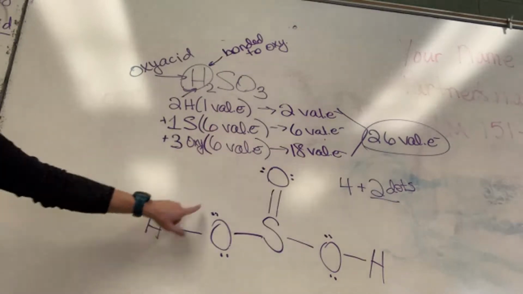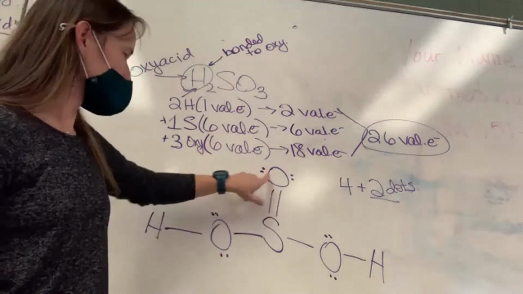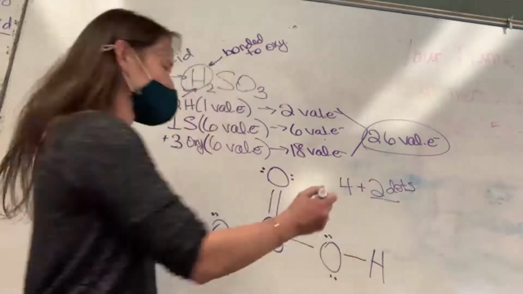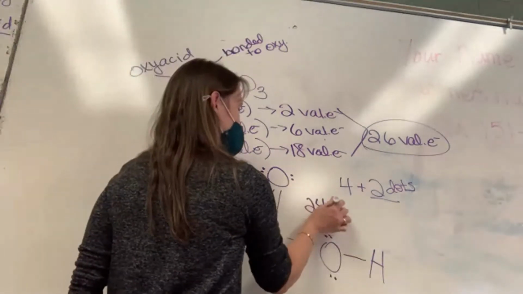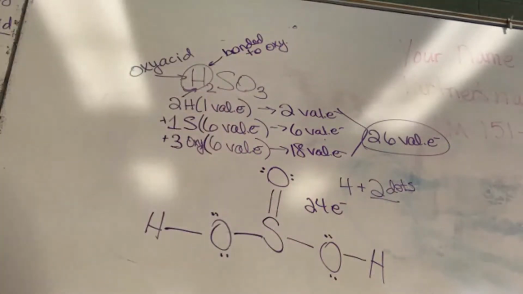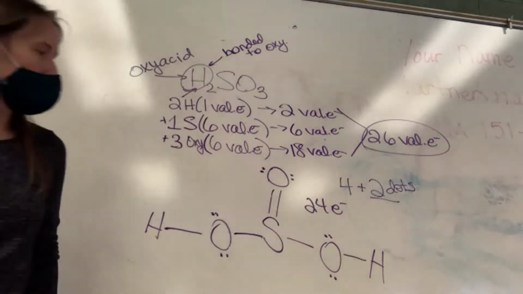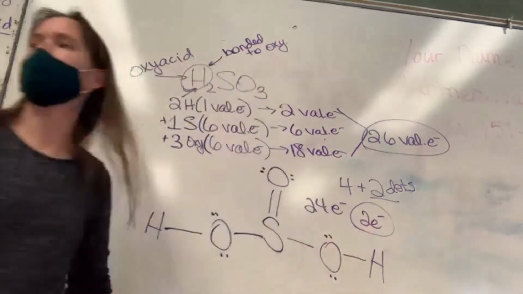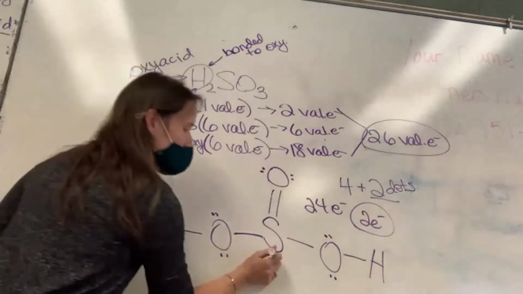So I have 2, 4, 6, 8, 10, 12, 14, 16, 18, 20, 22, 24. I drew 24 electrons. How many am I supposed to draw? 26. Okay. Where do they go? On the middle.